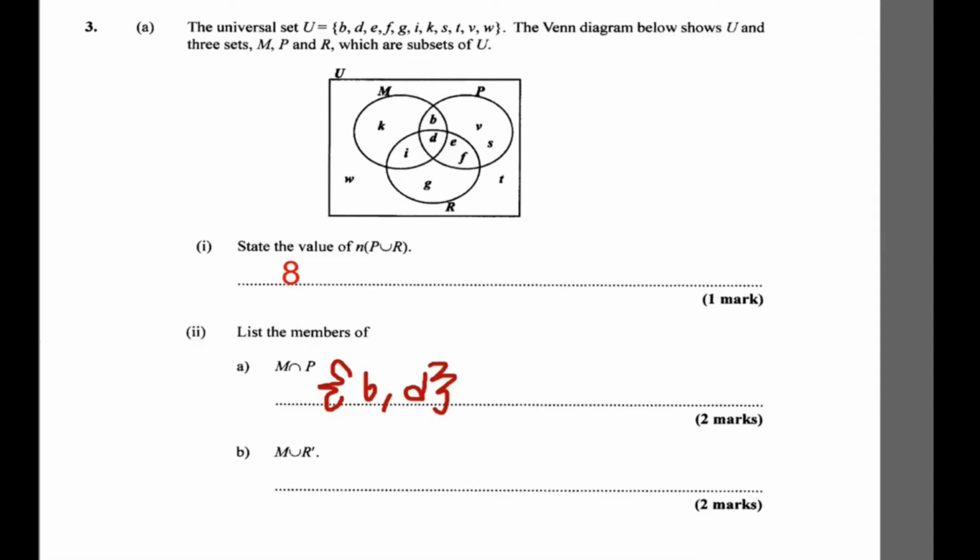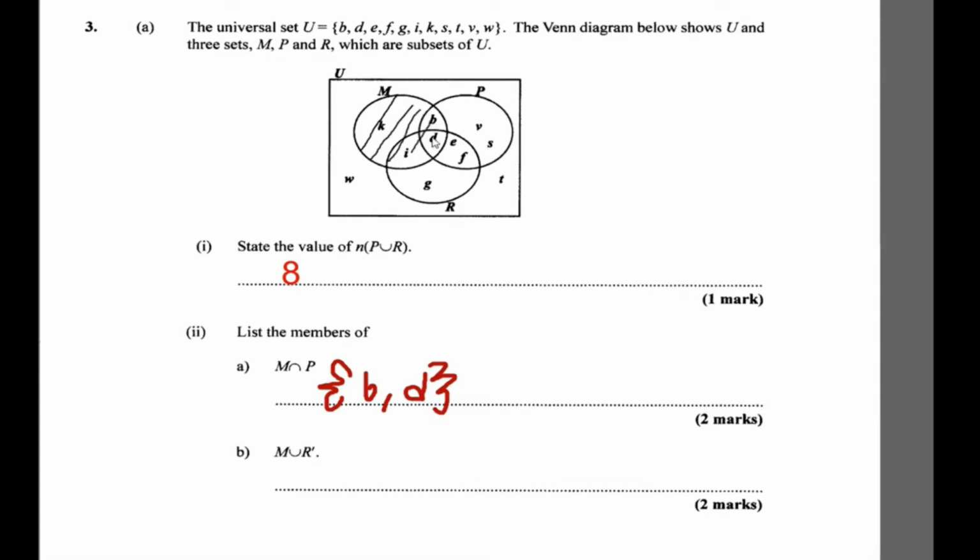Then they want now M union R complement. Now R complement is everything outside of R. So M union R complement. First, what is M?